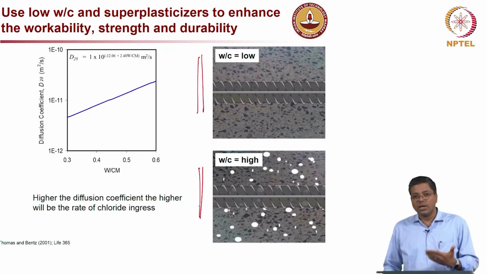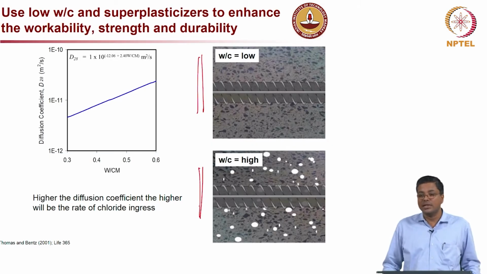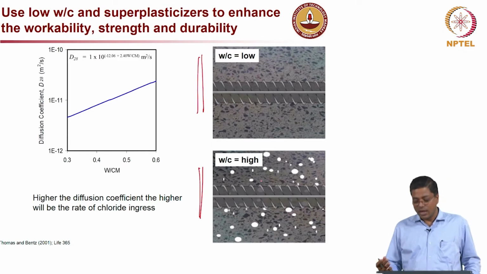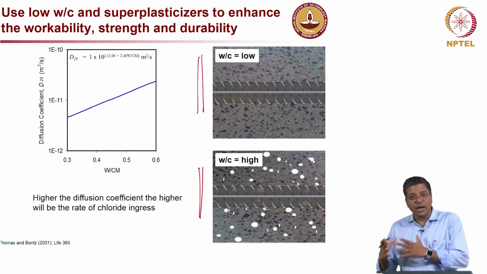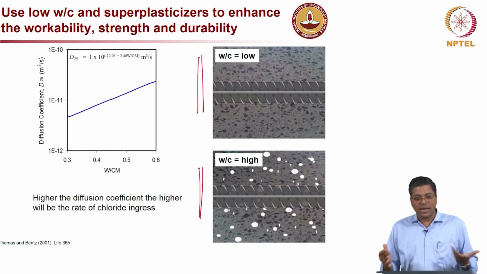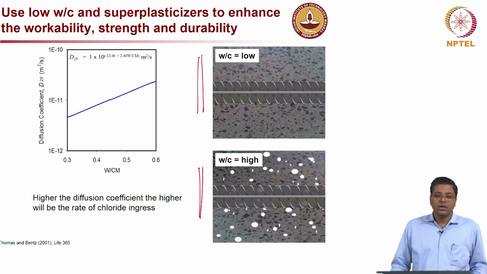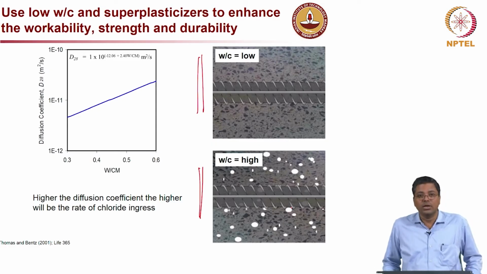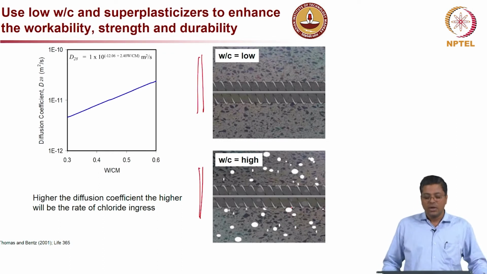Whatever amount of water is not used in the cement hydration reaction is now left as unused water, which eventually dries and leaves an air void. So, these white circular or elliptical shapes which I am showing indicate that there is a possibility of more air voids in the concrete when you have a higher water binder ratio.